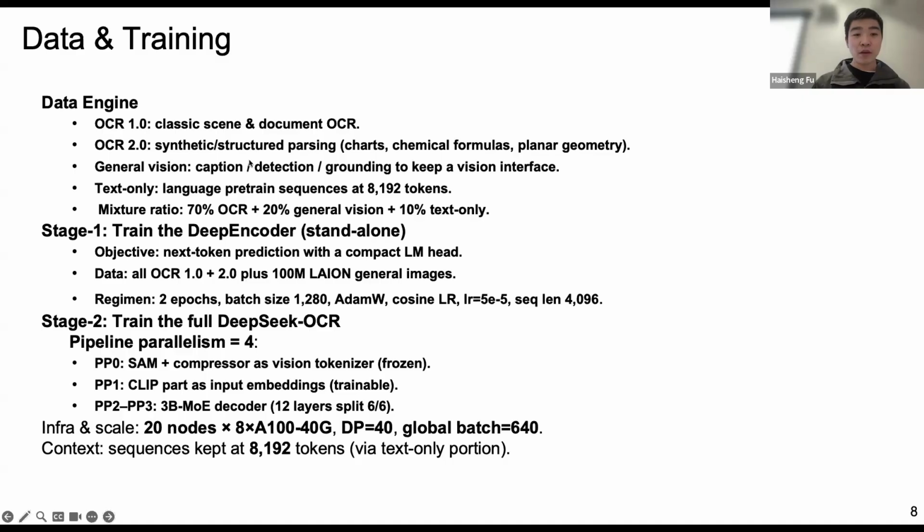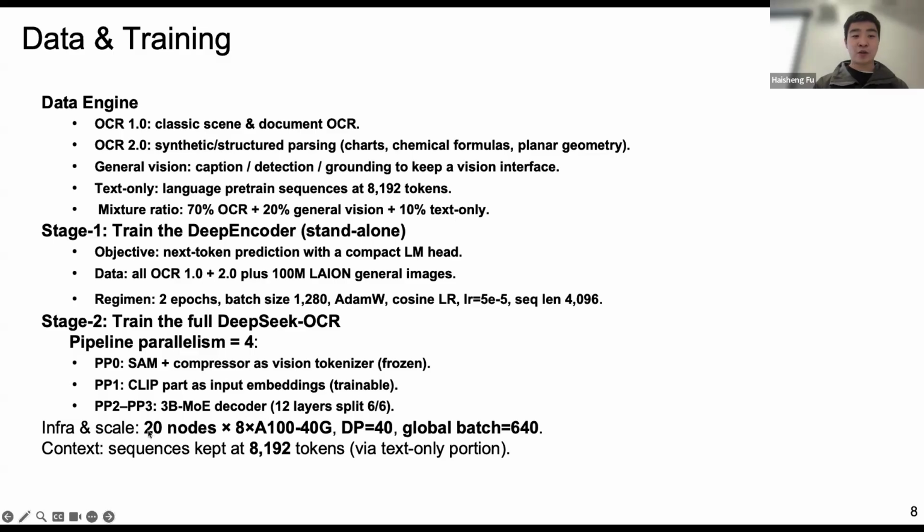And the second training is to train the full architectures. For this training, it can be divided into 2 steps, and it will use the pipeline parallelism techniques to achieve this training.